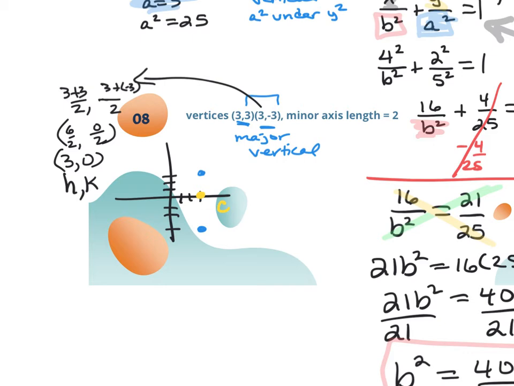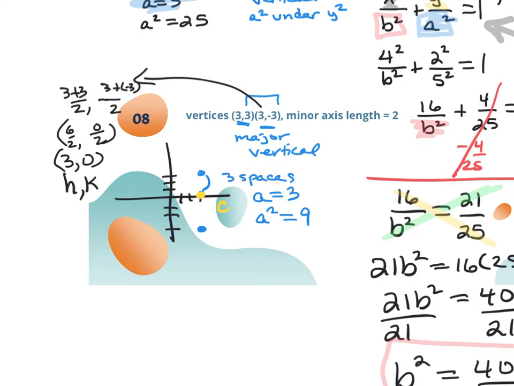Now, I can look here and find my a value. Remember, the a value is how far away the vertex is from the center. If I look here, I can see that it's 3 spaces away. So the vertex is 3 spaces from the center, so my a value is 3, making a squared equal to 9.